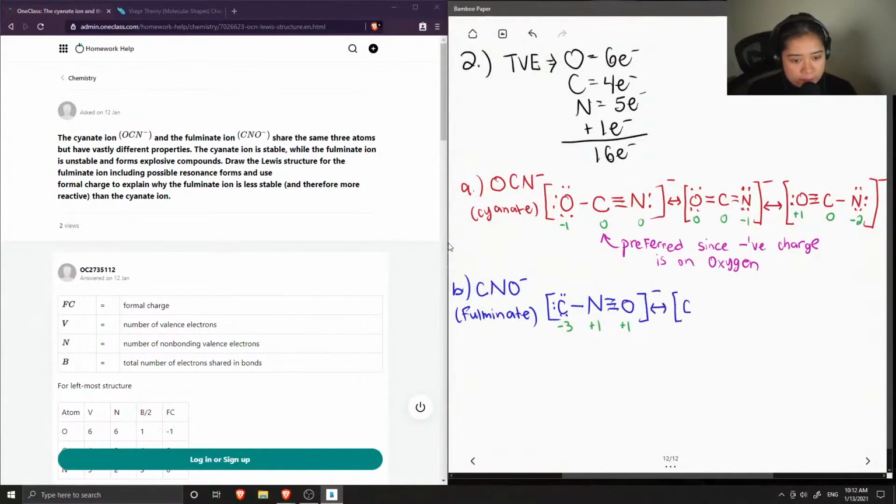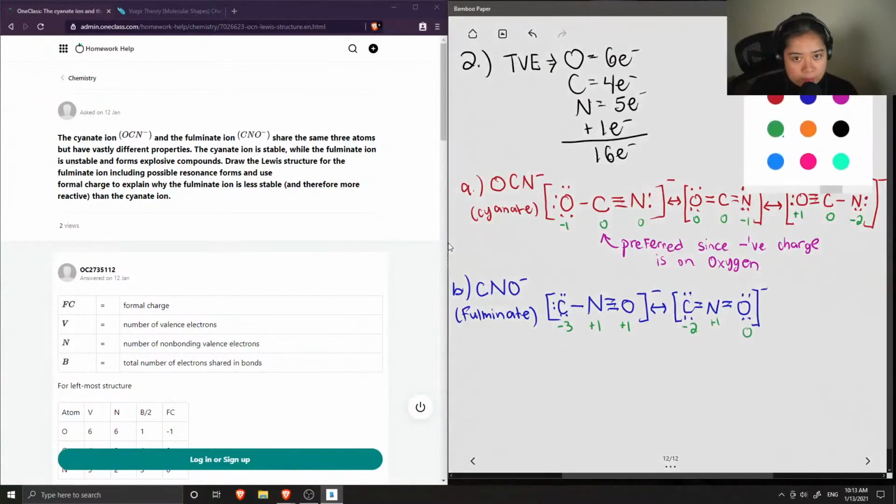Next, we could have double bonds all around. And the formal charges would be -2 for carbon, +1 for nitrogen, and then 0 for our oxygen.